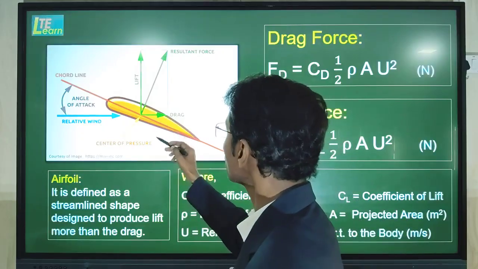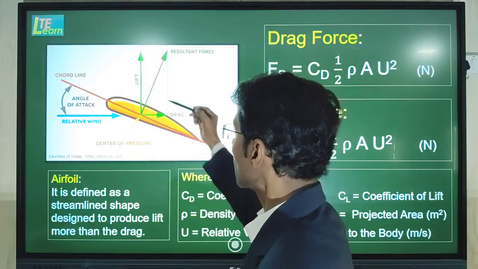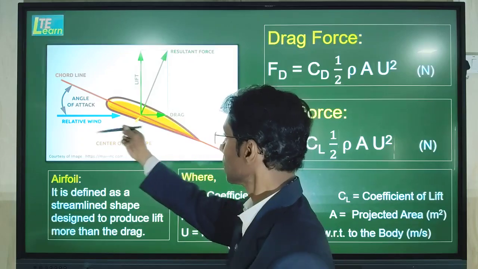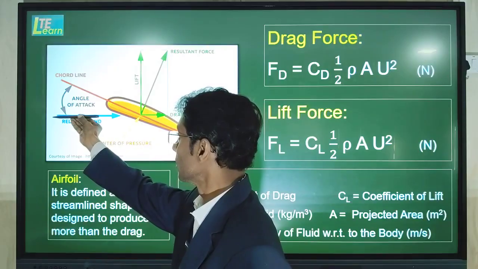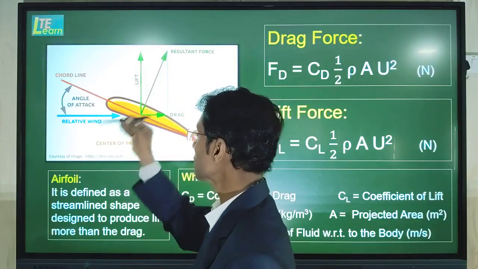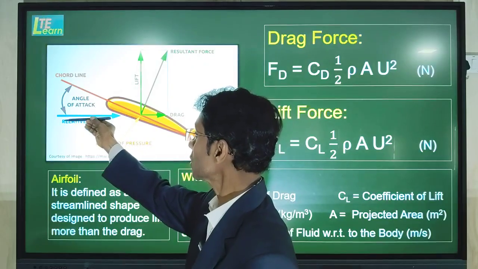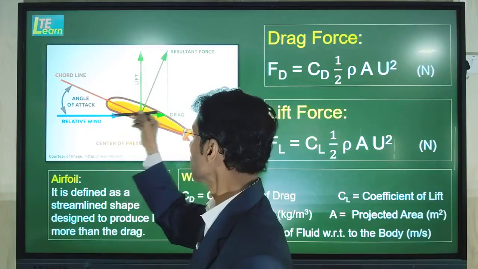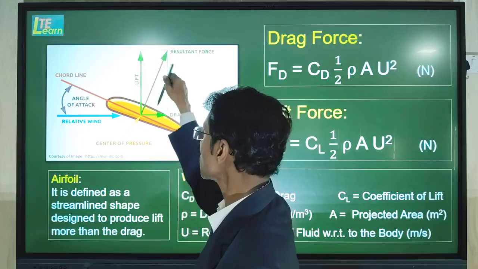So here on this body, the force which is shown here is the drag force, and this force is the lift force. Now this is a body, over which there is the action of wind flowing over it. With respect to the action of this wind flow or direction of motion, we define drag force and lift force.